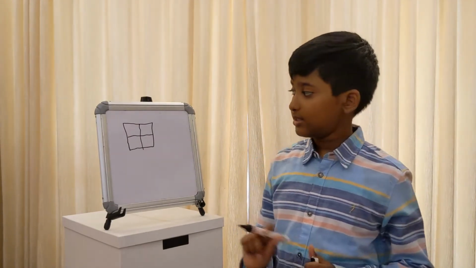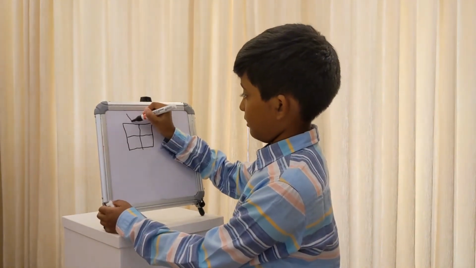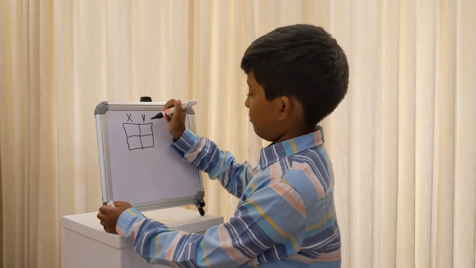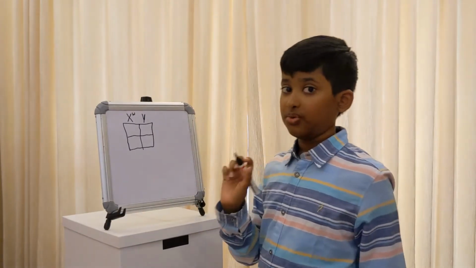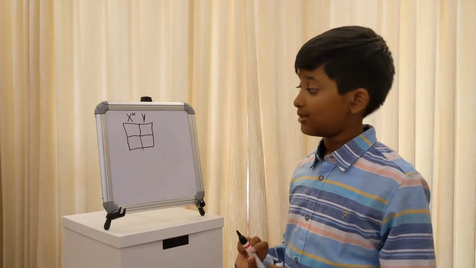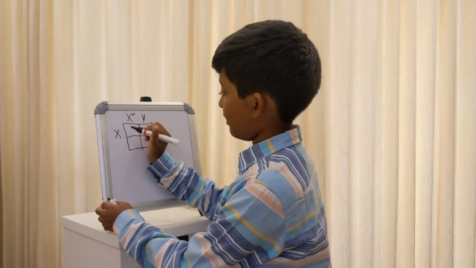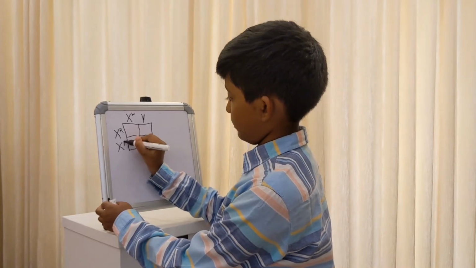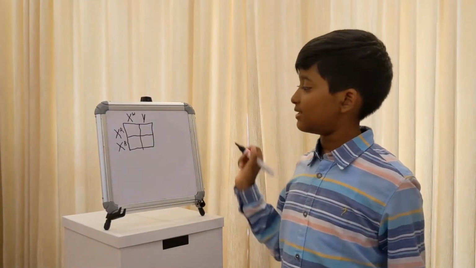Well, in this case, the white-eyed male will look something like X, Y. Let me just draw a W on top of the X so we know it's white. But the red-eyed females would look something like a red X and another red X. Okay, now let's have fun with Punnett squares.